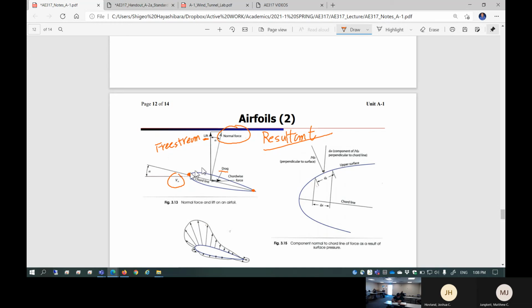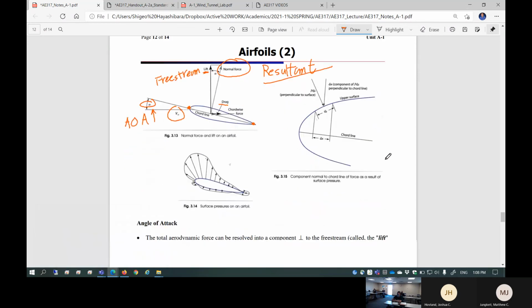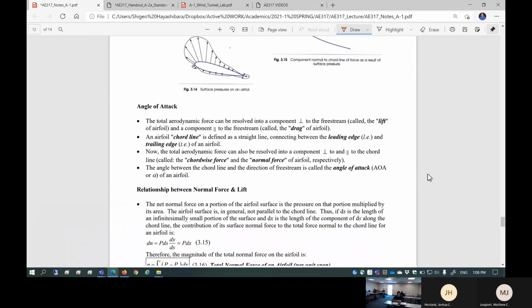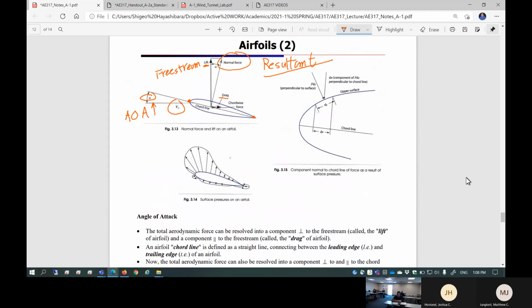Now, the angle between the incoming free stream and the chord line, this alpha, you guys know this is the angle of attack, AOA. Okay? So very basic things of aerodynamics. Now, you can determine how much lift you can produce over the surface.